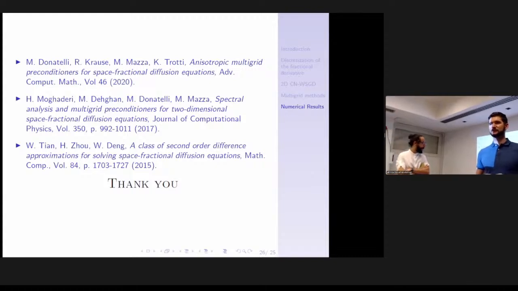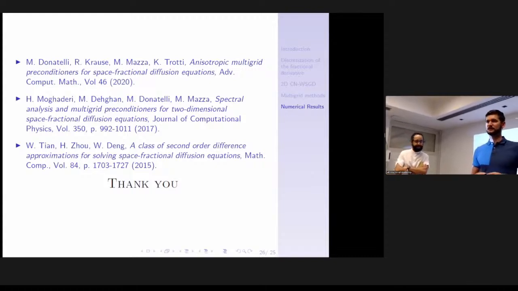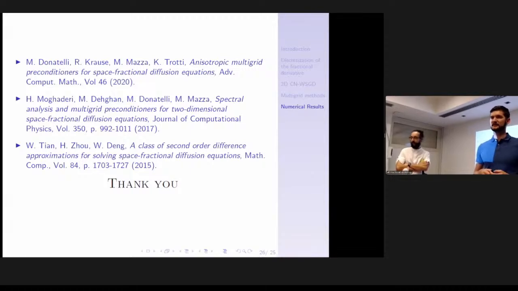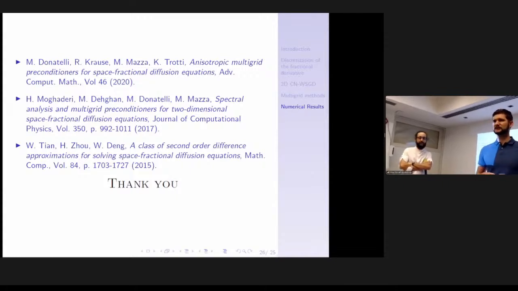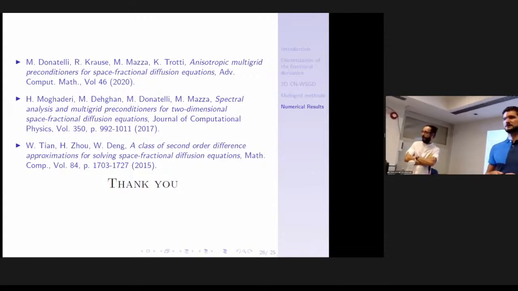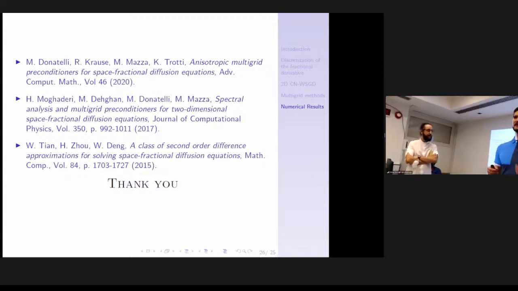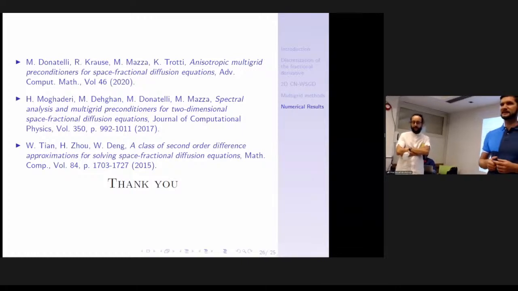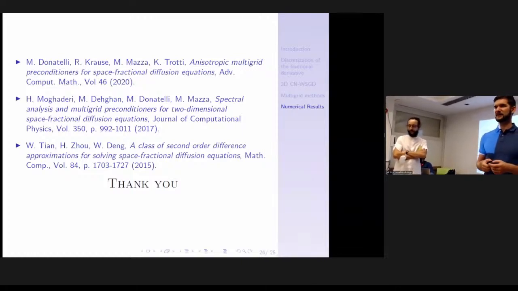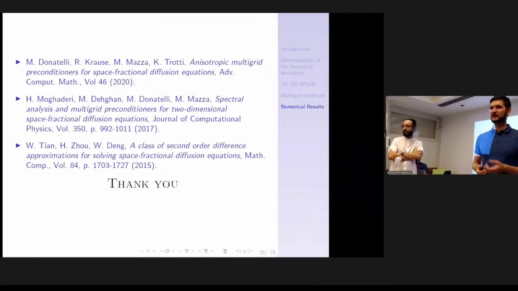And it will require a new study of the spectrum of the matrix. But I tried this strategy with other operators, not the one you are suggesting. In any case, the conditioning was in the same position with the same order. So I think the same strategy would apply in the way I described in this talk.